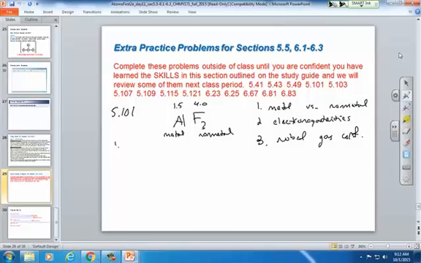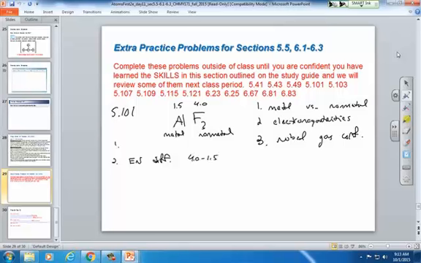Most textbooks create a bit of an arbitrary cutoff of 2.0. You'll often hear textbooks say if the difference is 2.0 or more, it should be ionic. If it's less than 2.0, it might be covalent. But there are lots of exceptions to that. So again, you don't want to use this rule as your only judgment in determining whether a bond will be covalent or ionic.